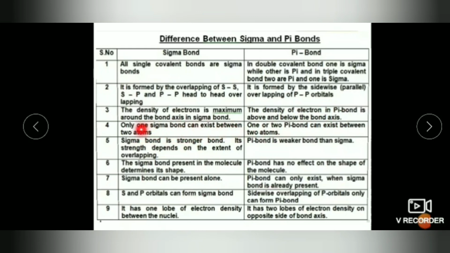Only one sigma bond exists between two atoms, but one or two pi bonds can exist. The sigma bond is stronger, while the pi bond is weaker. The sigma bond determines the shape of the molecule, while the pi bond does not. A sigma bond can exist alone, but a pi bond exists only along with a sigma bond. s and p orbital overlap gives a sigma bond, and sidewise overlapping of p orbitals gives a pi bond.